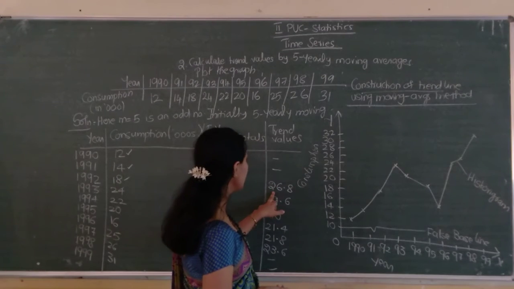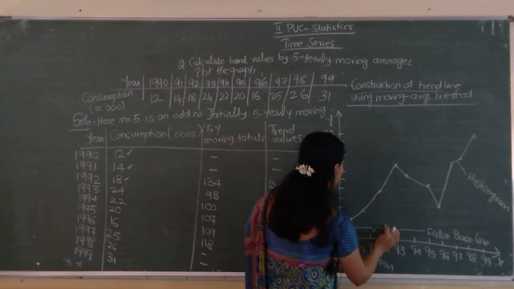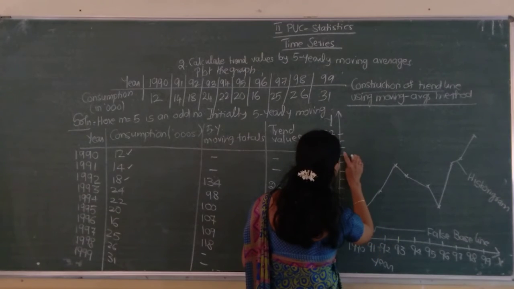For 92, corresponding 26.8? Sorry, 92 is 26.8.